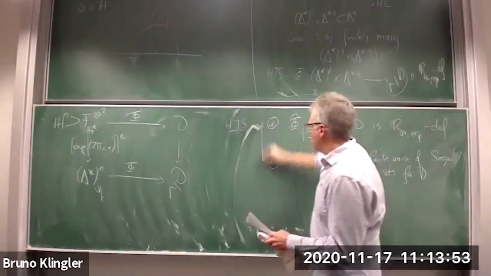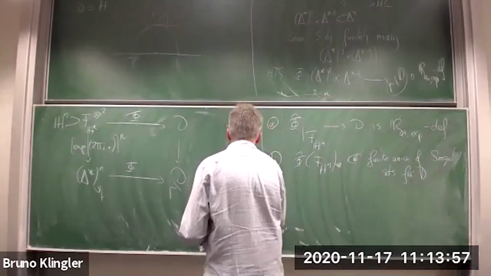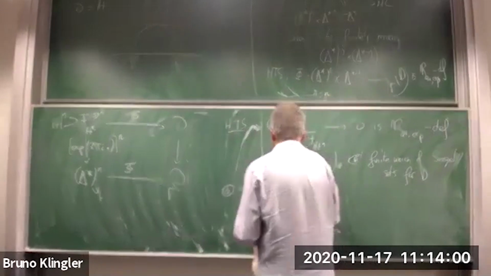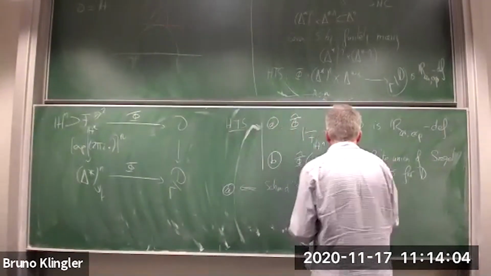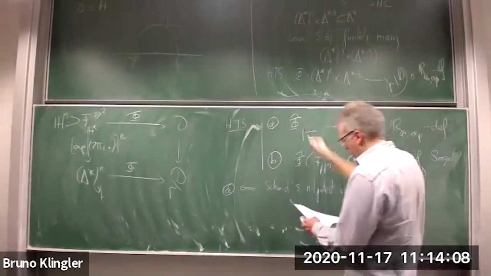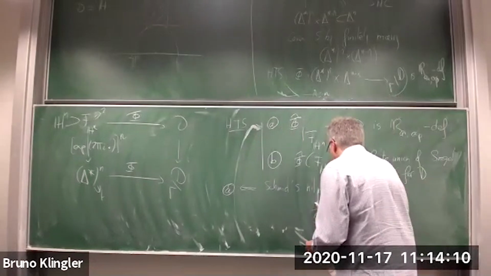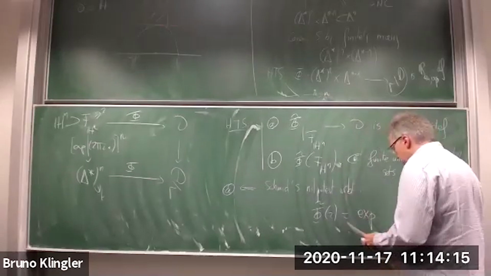So you are reduced to those two questions, and question A is a direct corollary of Schmid's nilpotent orbit theorem. Because Schmid's nilpotent orbit theorem tells you that if you look at phi tilde of z, then you can approximate it by a nilpotent orbit.